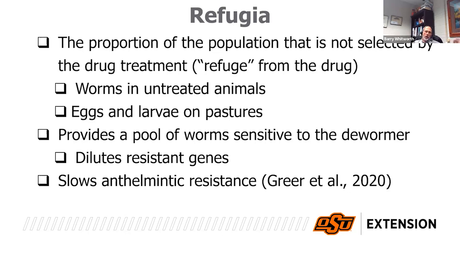So we hope that those worms will breed and dilute out resistant genes. I tell people all the time that if you're a sheep or goat producer, you've got to be a worm producer as well, and you've got to produce worms that are susceptible to the products that we have. That's what we're trying to do with refugia.